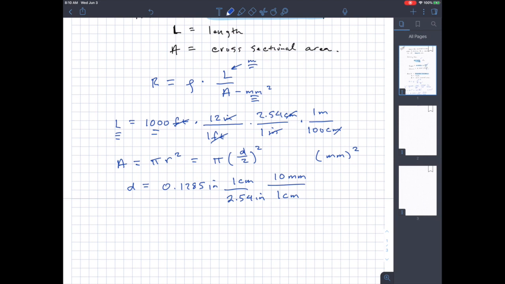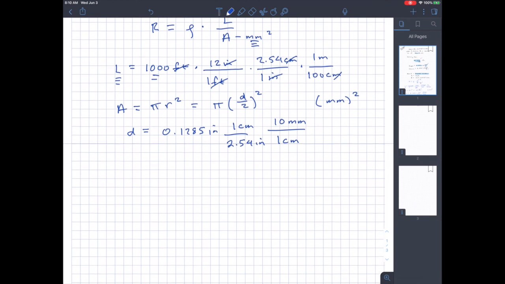Okay, so think through that. Does that make sense? Hopefully you'll get faster at this as you practice. Practice is important. Okay, so we see inches canceling, centimeters canceling, and I get an expression for the distance. Okay, I can plug that into this equation, and I would get the cross-sectional area.